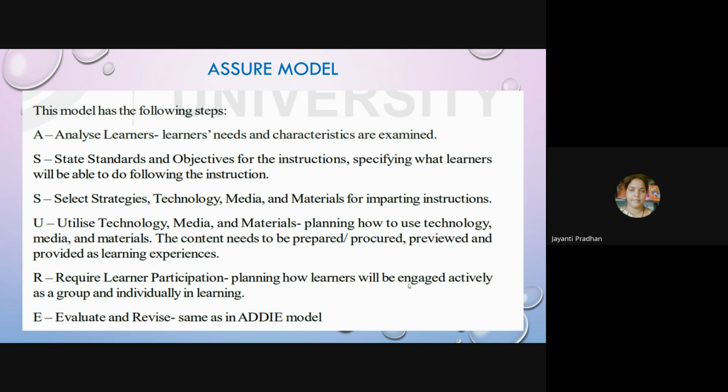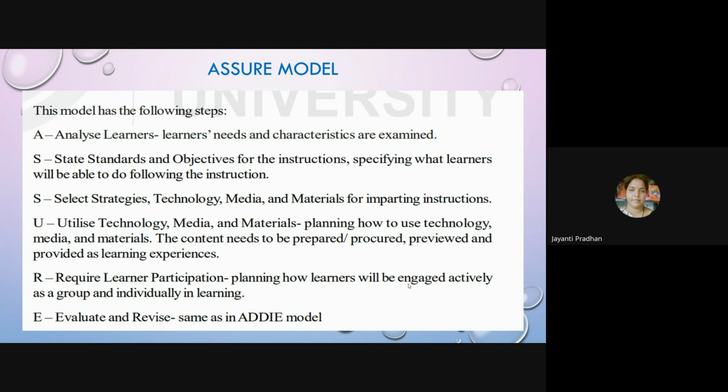It's the same thing, but with clarity. After analysis, we formulate objectives and set standards on the basis of our state, then we select strategies, media, technology, material. We are clarifying what to select, what to design. We are designing strategy, technology, media.